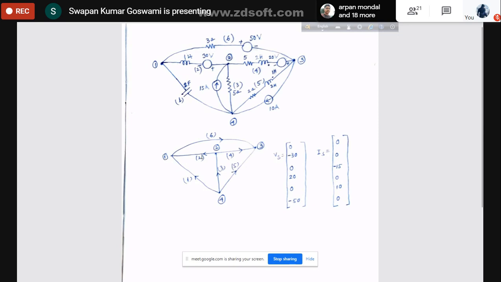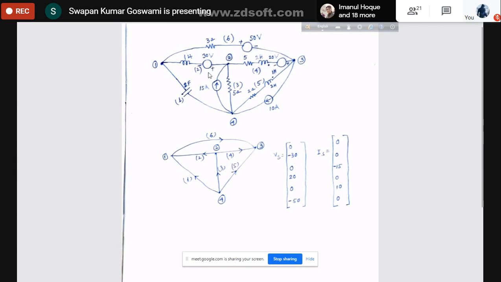Element 2 is a voltage source with series inductance. This is the direction of the source. Now the positive direction of current through the branch is actually in the opposite direction. It is plus and minus, meaning current will actually come out from this terminal, and in this direction will be the flow of current.